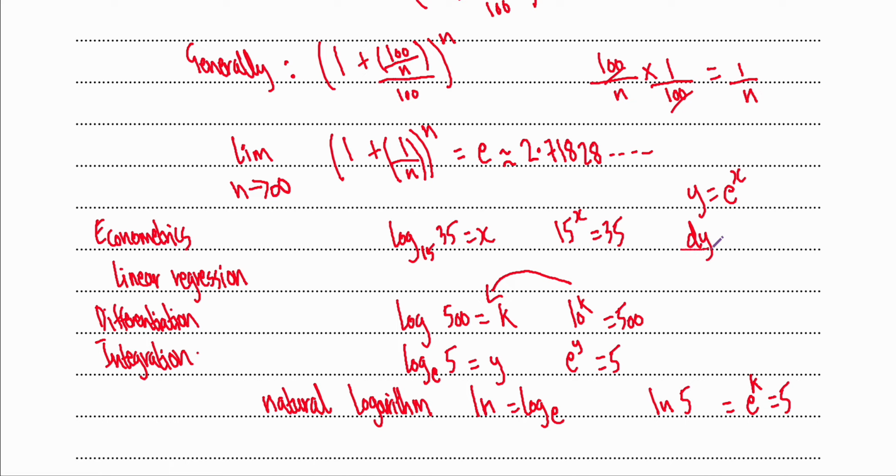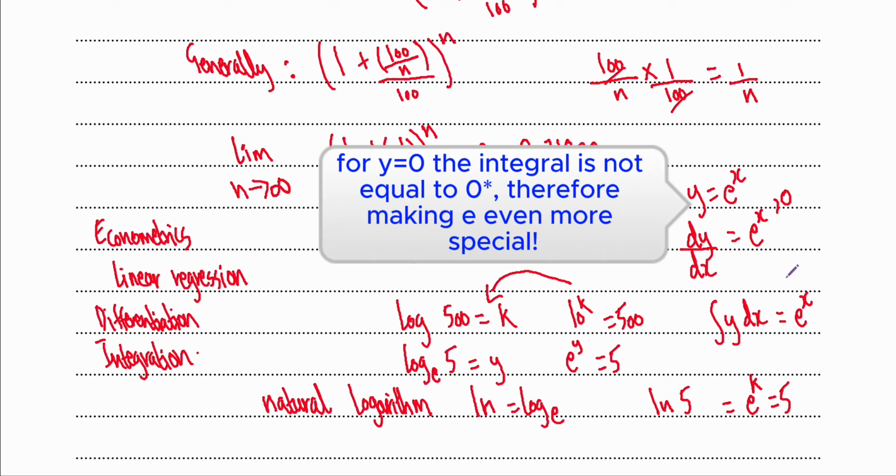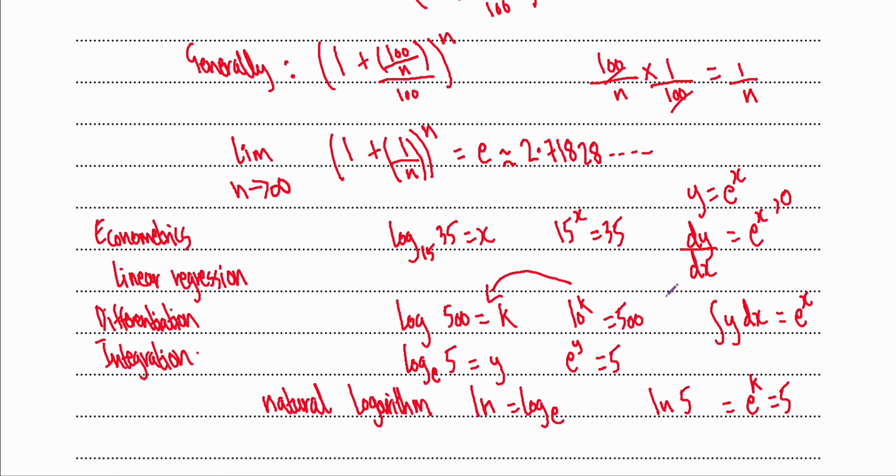The derivative of that function is actually equal to the function itself, which means that the integral of that function is also equal to the function by itself. And this function and 0 are the only two functions where the derivative and the integral and the function itself are equal to themselves. So yeah, that's e for you right there.